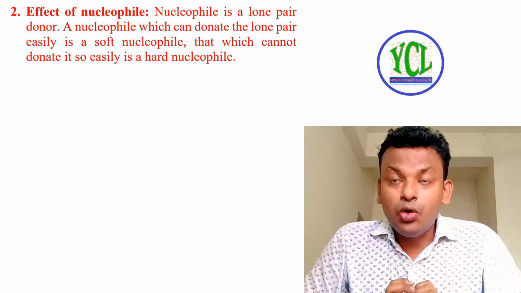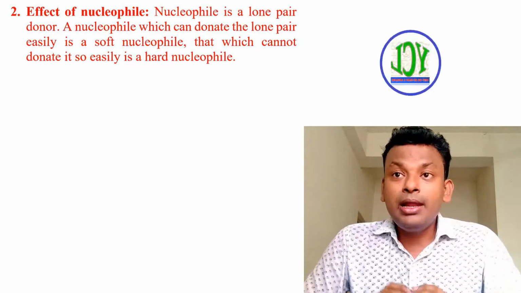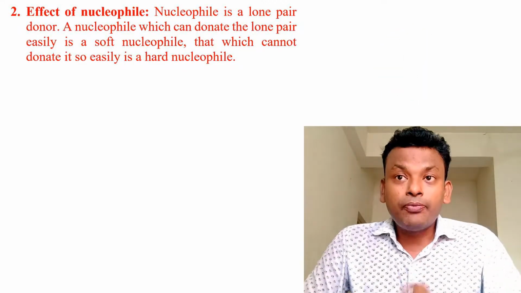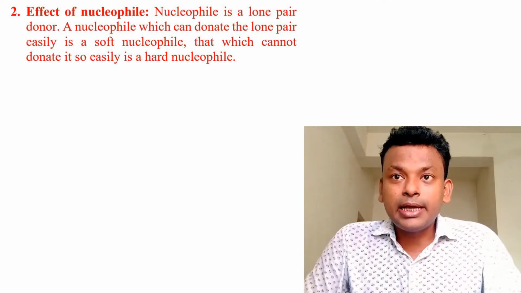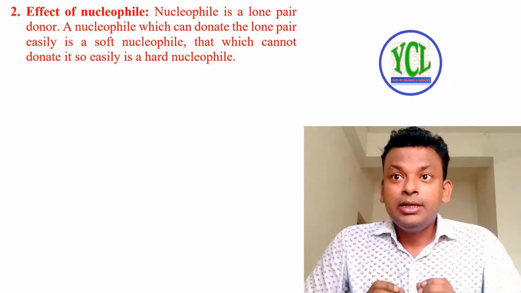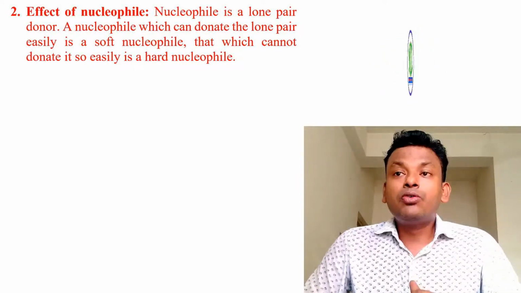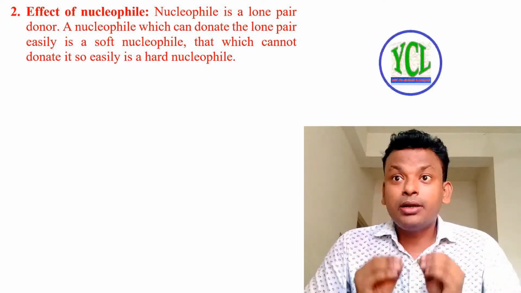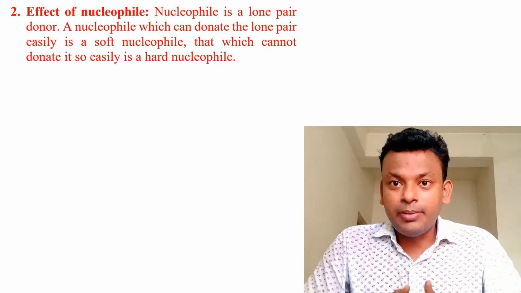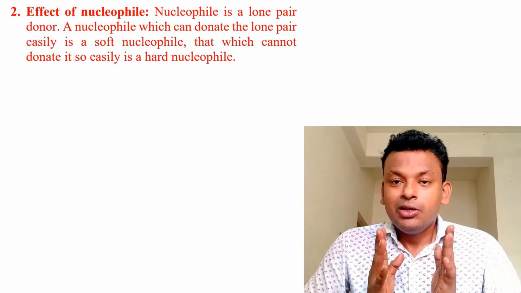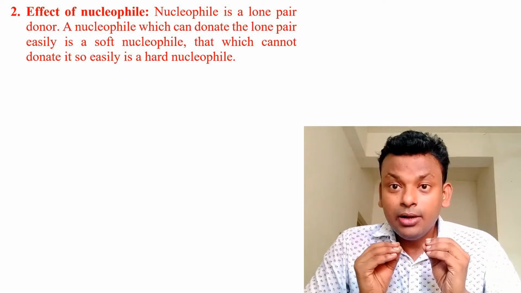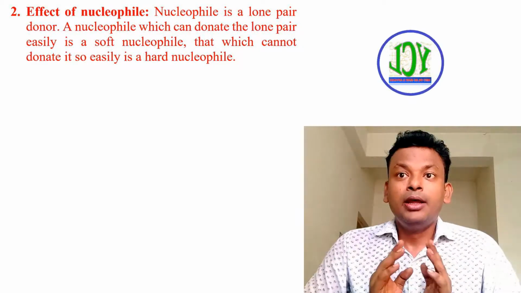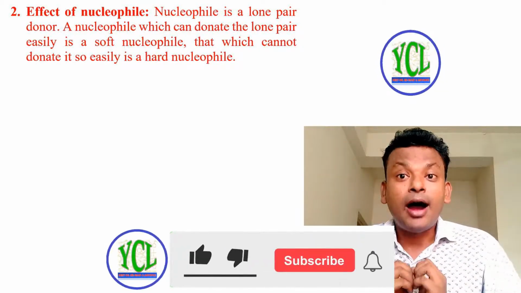A nucleophile is a lone pair donor. A nucleophile which can donate the lone pair easily is a soft nucleophile, and one which cannot donate it so easily is a hard nucleophile.